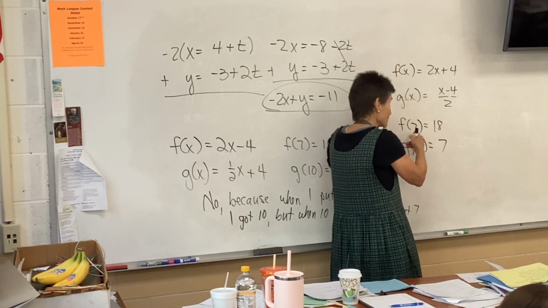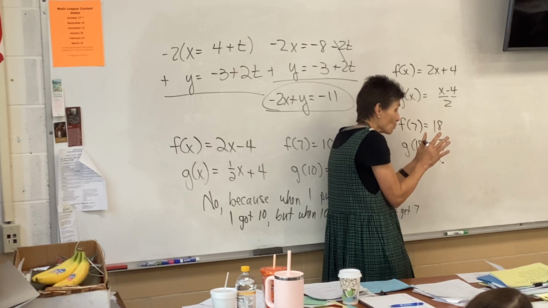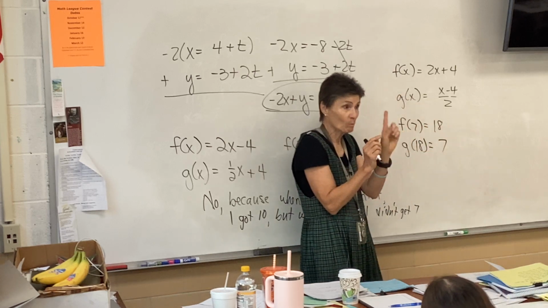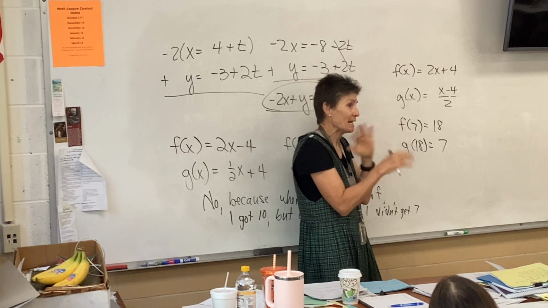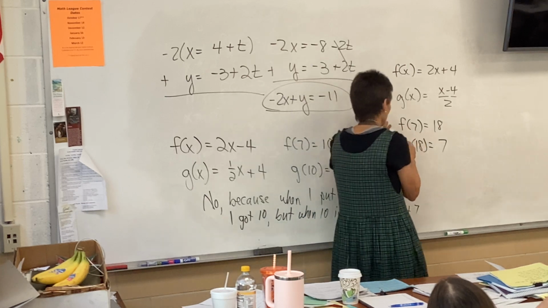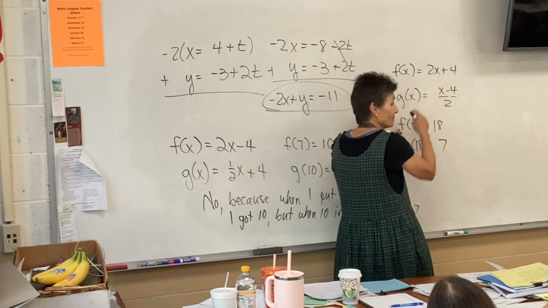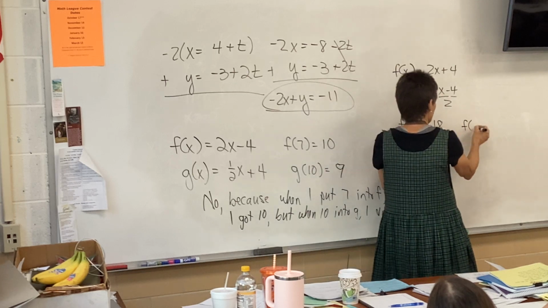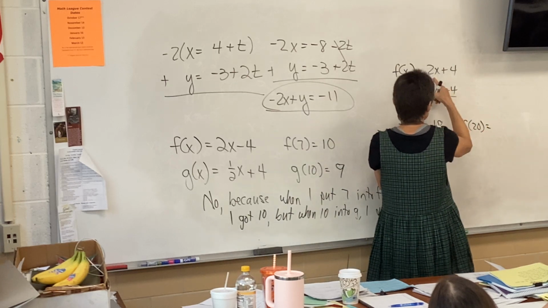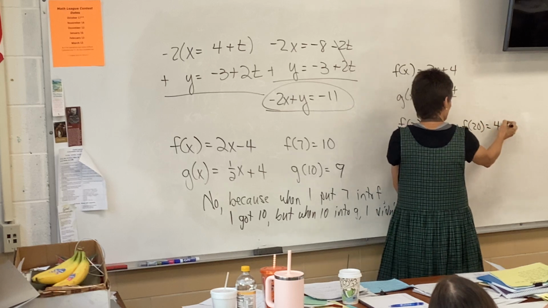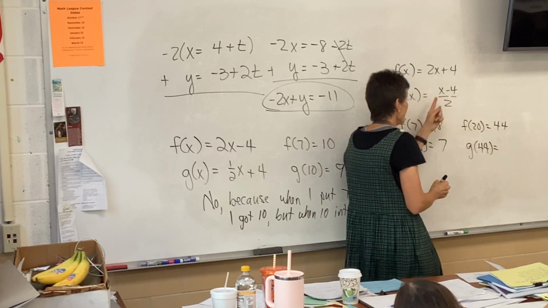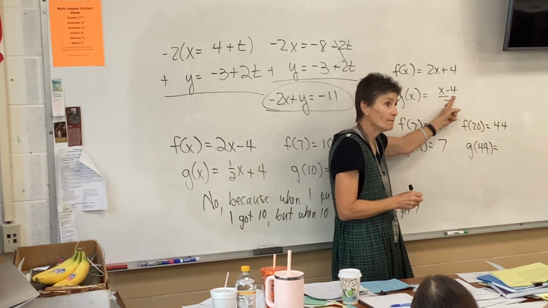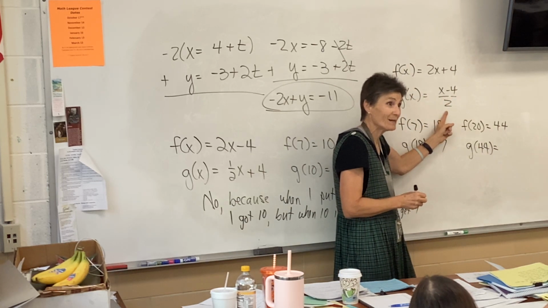Now, it doesn't have to be 7. You can pick whatever number you want. I would stay away from 1s and 0s because those are kind of special numbers, but any other number. So if you want to put in, I don't know, 20, f of 20 is, let's see, 44. And then if I put that 44 into g, what's 44 minus 4? 40 divided by 2 is 20.